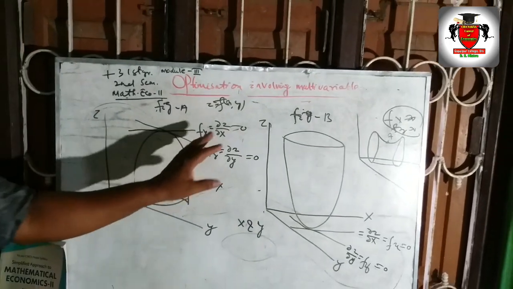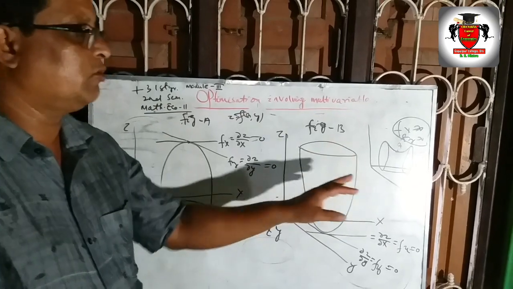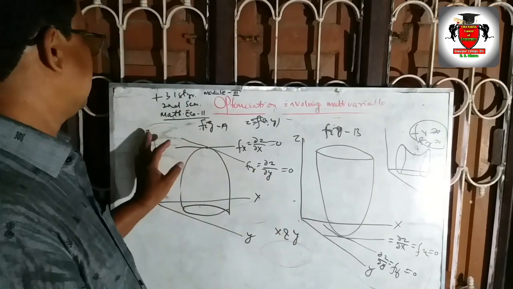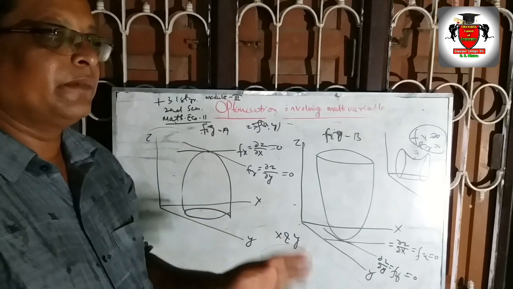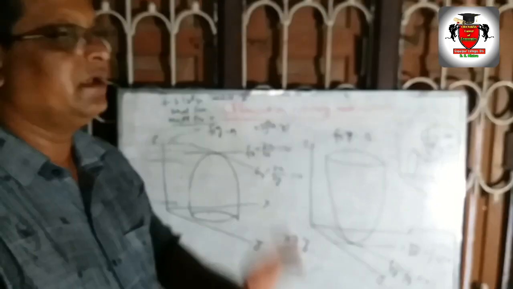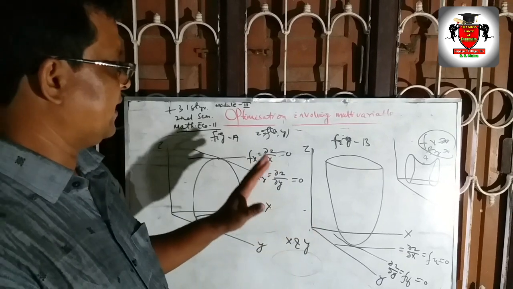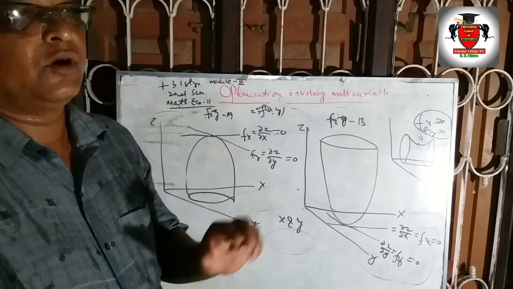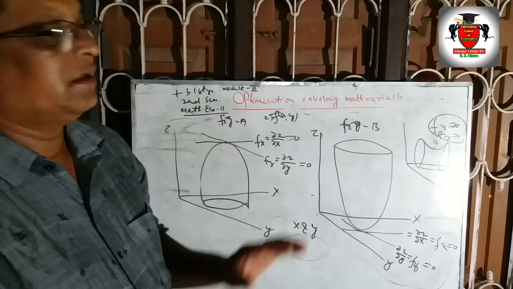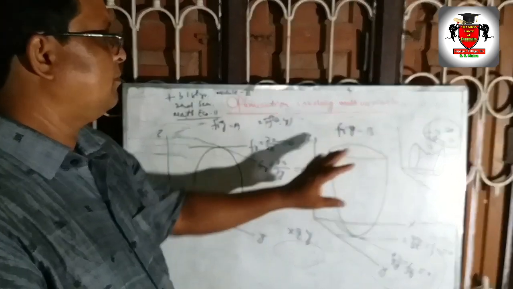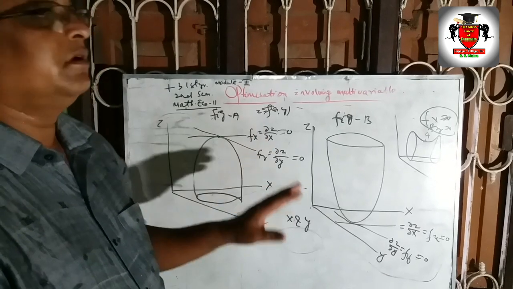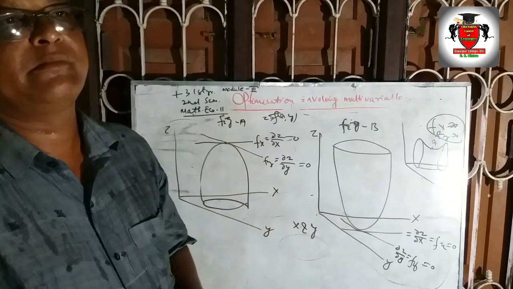These conditions fx equal to 0, fy equal to 0 will give us the values of x and y for which the z function is either maximum or minimum or maybe saddle. But for clear understanding, we will go for the second order derivative, by which we will find that the maximum and minimum can be determined. We should have a condition table for maximum and minimum.